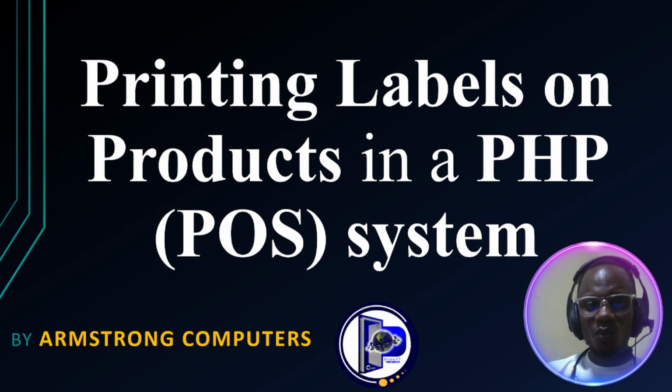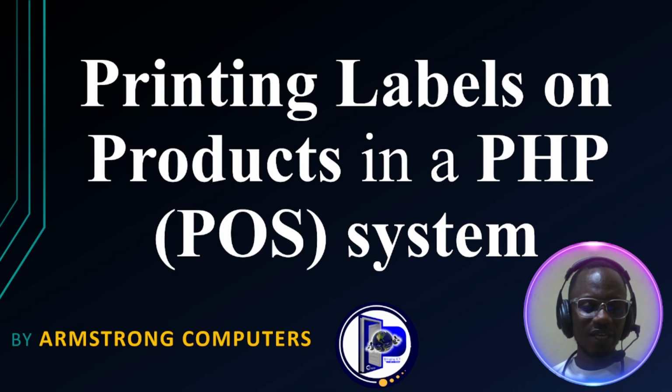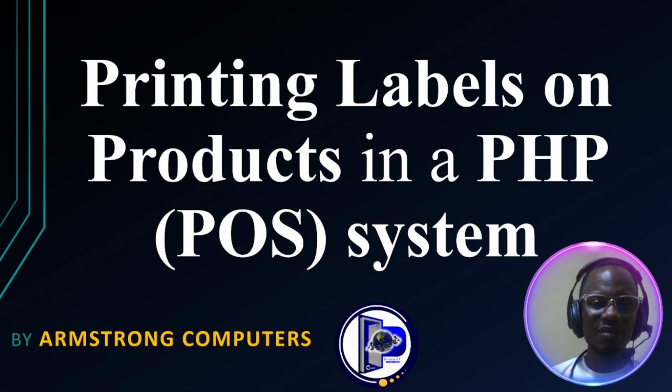When we talk about labels, as you all could recollect, we didn't talk about this in our previous lessons so far as QuickBooks point of sale is concerned, where we talk about printing labels on products.